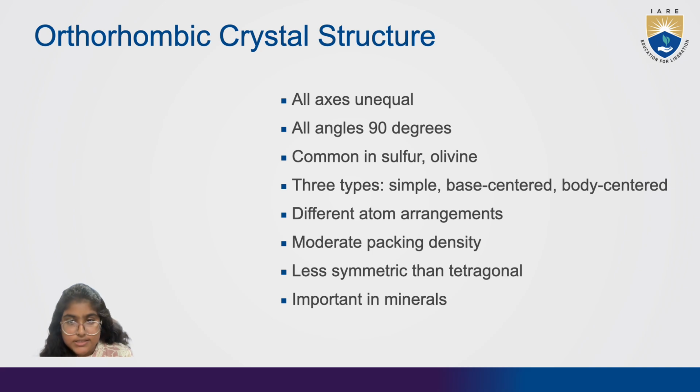Within the orthorhombic system, there are four possible Bravais lattices: simple, base-centered, body-centered, and face-centered, each with a different arrangement of atoms within the cell. These different arrangements lead to varying, moderate packing densities. The orthorhombic system is less symmetric than the tetragonal and cubic systems and is particularly important in the study of minerals due to its prevalence in geological formations.